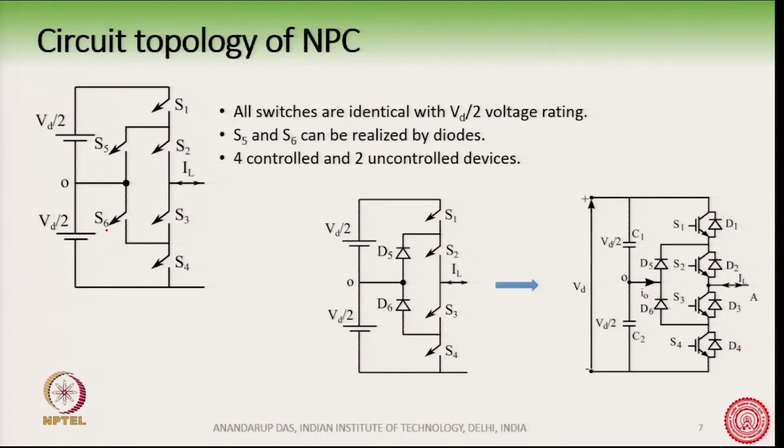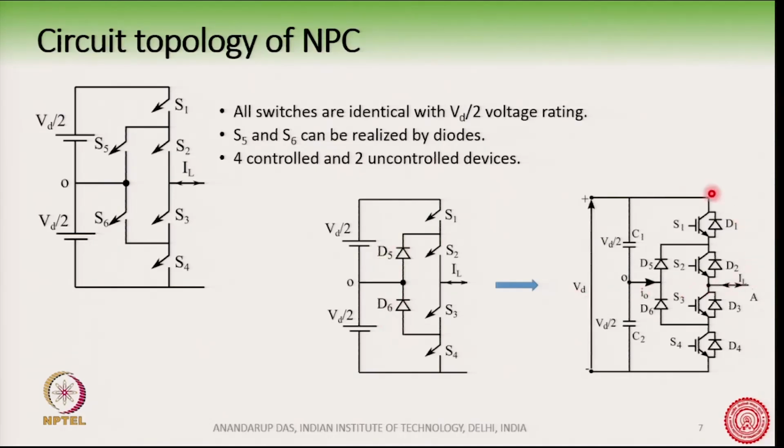People had realized that. So, S5 and S6 may not need to be IGBT and antiparallel diodes together, or a transistor and antiparallel diode together. It is not needed. So, we can have only diodes here, D5 and D6.